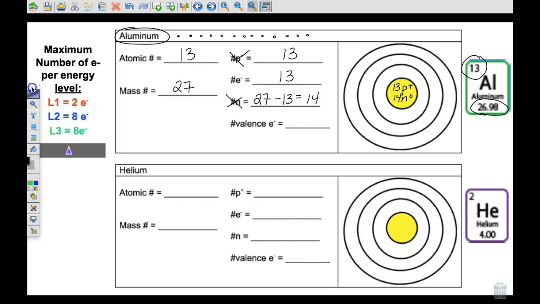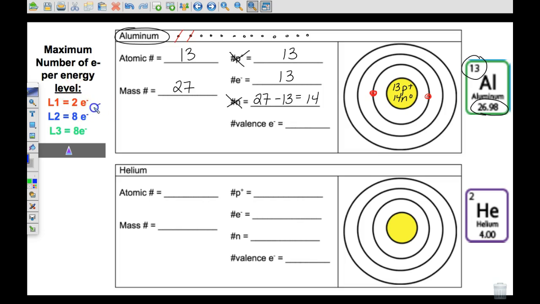Looking at my cheat sheet, it says that I can put 2 of those 13 electrons in the first energy level only. So I have 1, 2. So I'm going to cross out 2 of my electrons. I clearly still have more to go, and I have more than 8. In fact, I have 11 left. So because my first level is full, I'll have to go to my second level.